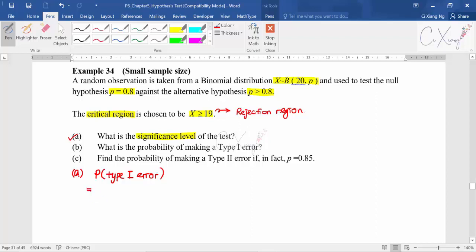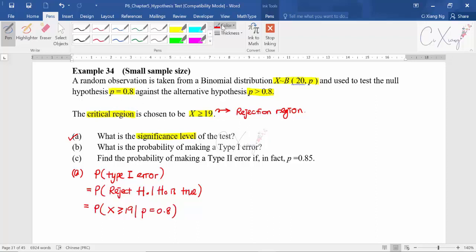So what is the type 1 error here? The same, you have to put in a definition first. Type 1 error means reject the null hypothesis when the null hypothesis is true. For the reject null hypothesis part, you need to put in the rejection region. So I'm having x greater equals to 19, given that p is equal to 0.8, which is also given in the question itself.